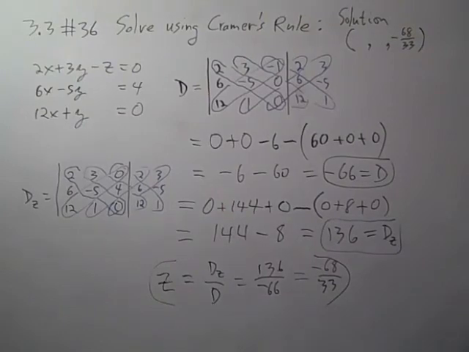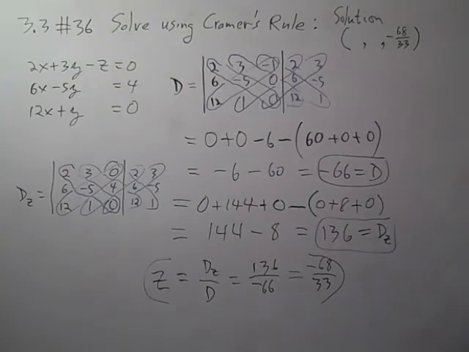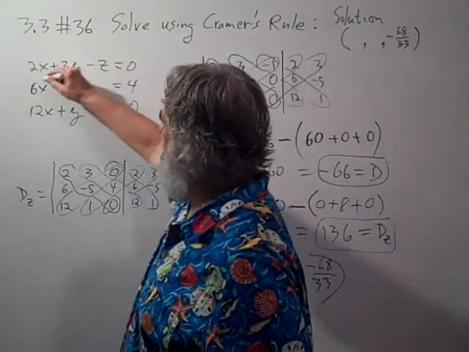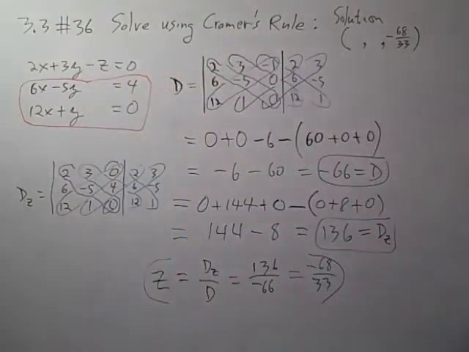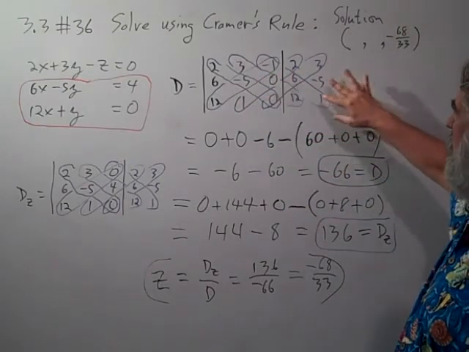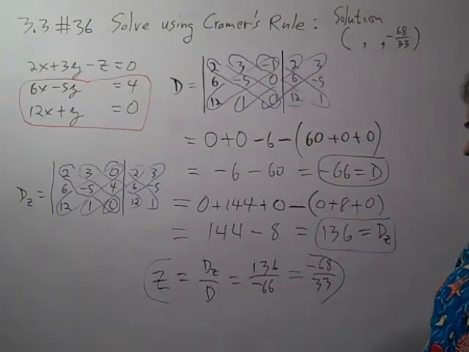And you may wonder why I found z first instead of x, the usual. The reason is that I noticed in the very beginning that the last two equations form a 2 by 2 linear system. So we can use Cramer's rule to solve that one very quickly instead of a 3 by 3 Cramer's rule, which is a bit of a schlep, you know. A 2 by 2 Cramer's rule is much faster and easier.